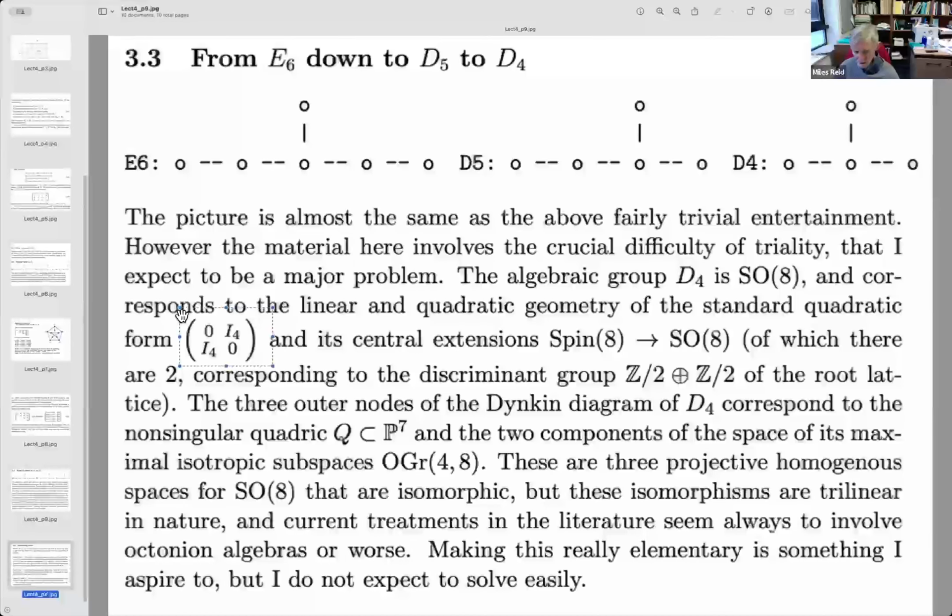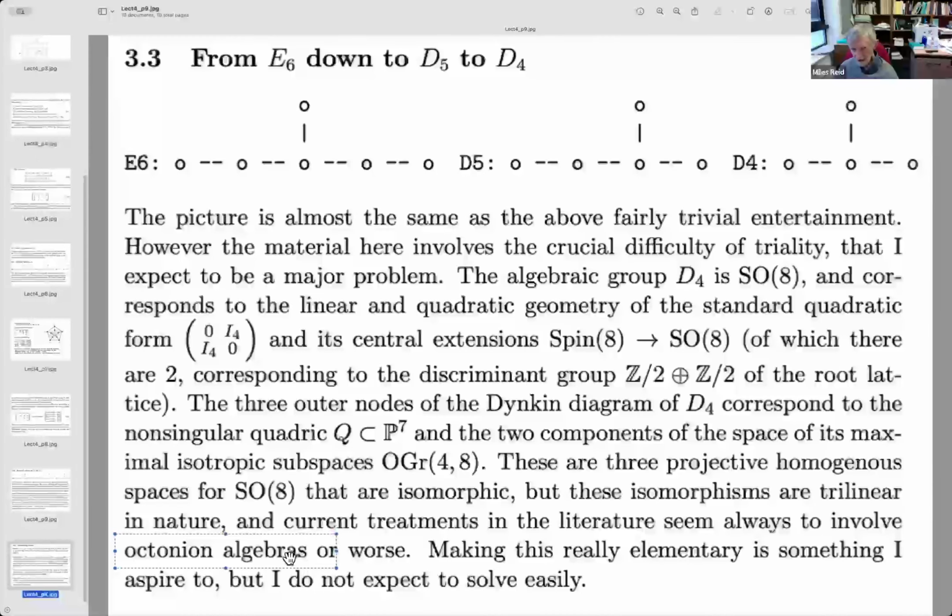But if you want to treat the 3 of these on an equal basis, you have to use octonion algebra. At some point in the future, I will be able to write a textbook that says how to do octonion algebras in an easy way, in a way that I consider to be adequate.